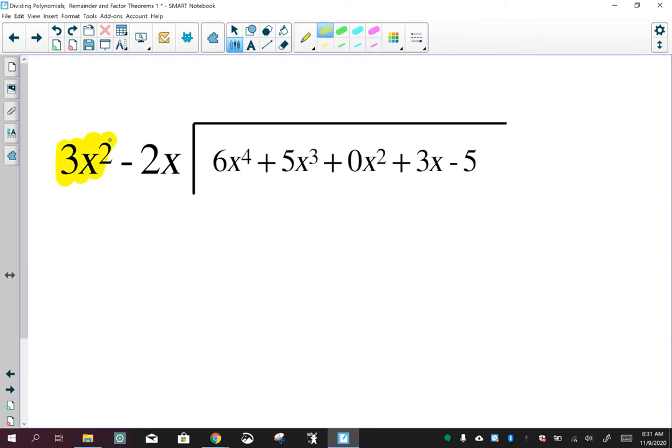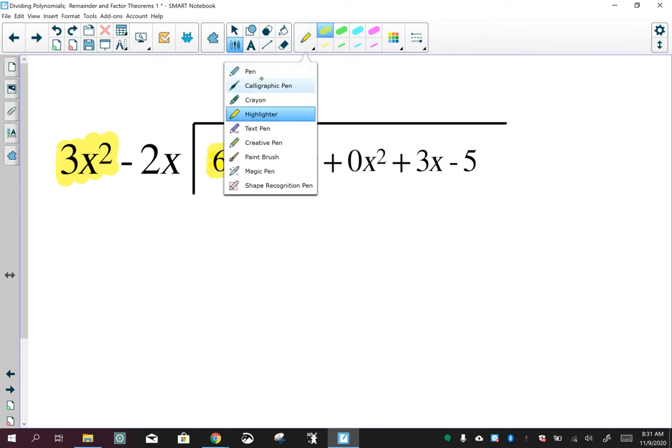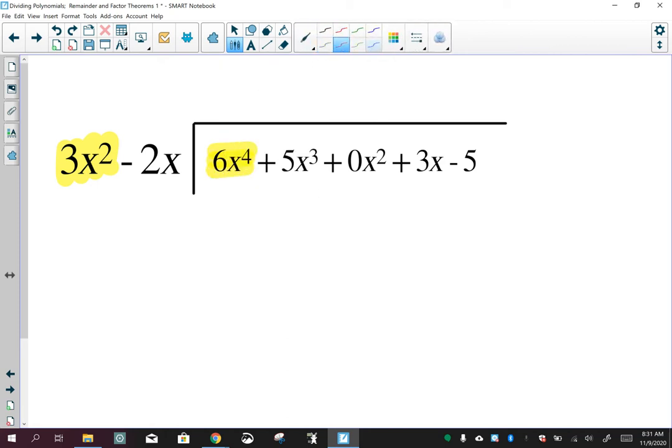This is my focus. So I'm going to start right here. I've got 6x to the 4th all over 3x squared. That gives me 2x squared. So I put that 2x squared right there.